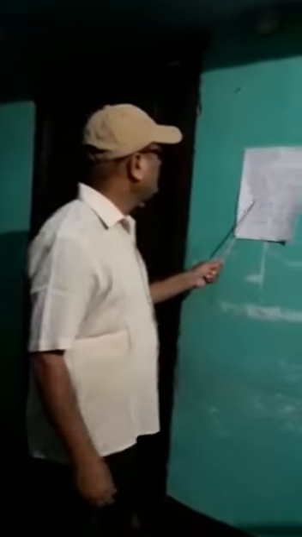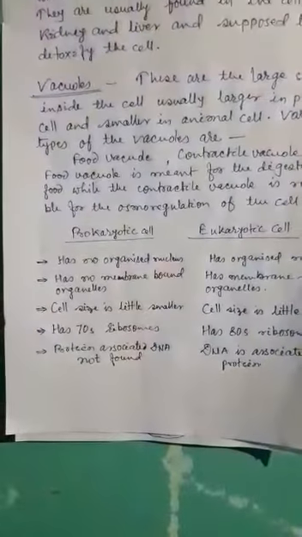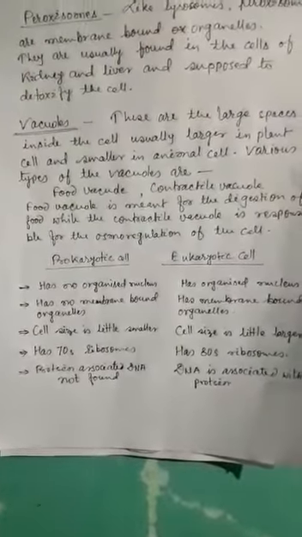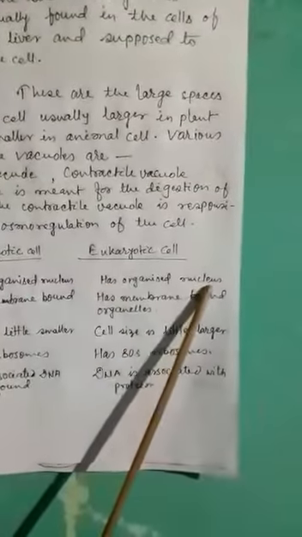We can distinguish these two kinds of cell on the basis of the following features. In case of prokaryotic cell, it has no organized nucleus. It means the nucleus inside the prokaryotic cell has no nuclear membrane, whereas the eukaryotic cell has an organized nucleus.